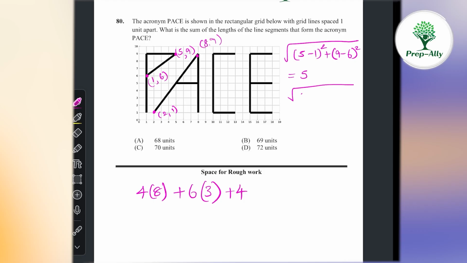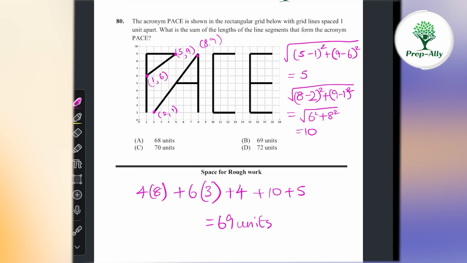So we have 8 minus 2 the whole square plus 9 minus 1 the whole square under root, which is square root of 6 square plus 8 square, which is 10. So plus a 10 plus a 5, which equals 69 units. So the answer to the 20th question is option B, 69.